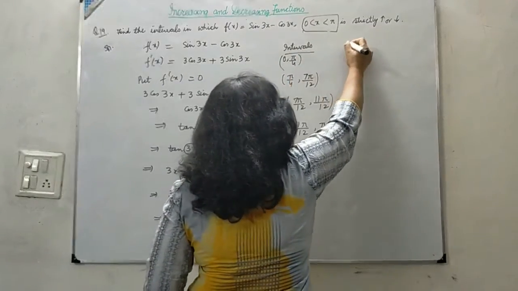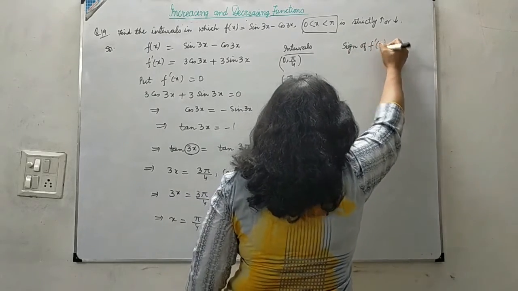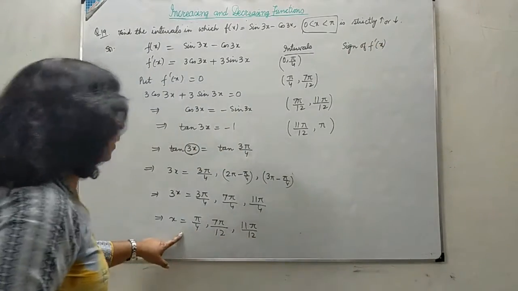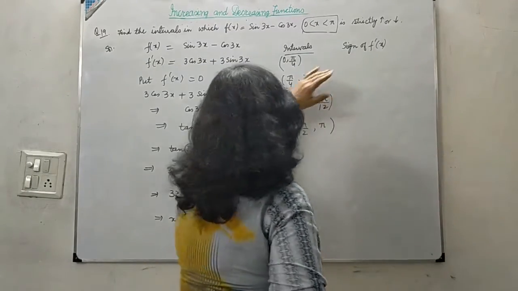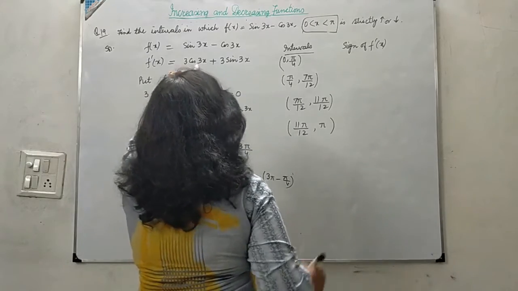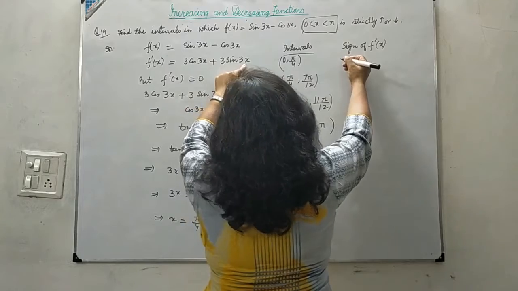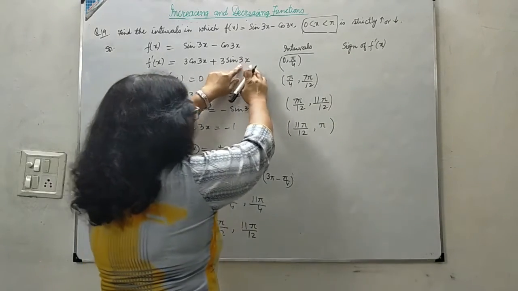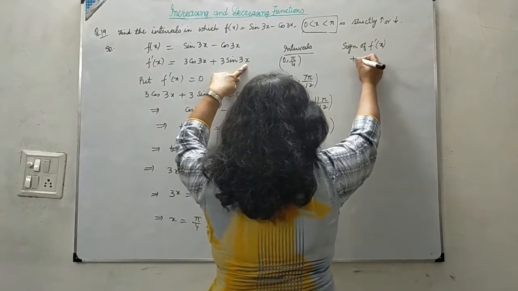Now in these intervals I am to check the sign of f dash. We can take any point over here, say pi by 6, which is 30 degrees. Then f dash at pi by 6 will become 3 cos pi by 2, that is 0, plus 3 sin 3 times pi by 6, which is pi by 2, that is positive.